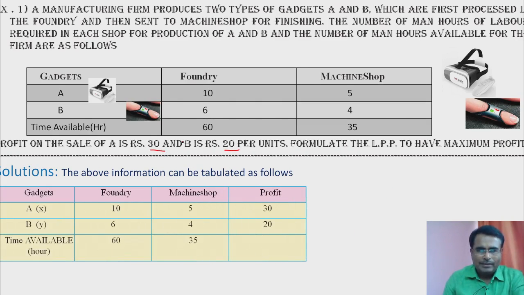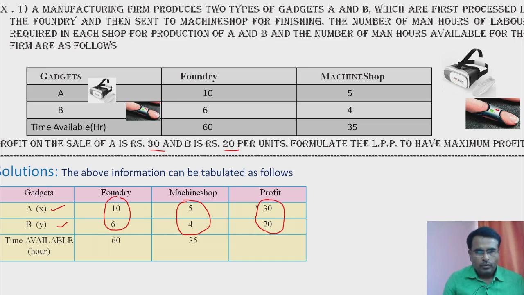So let us consider this table. The same information is here. We are preparing two types of gadgets, gadget A and gadget B, and the time available, that is 60 and 35, is also known. The time required for different gadgets on these different machines is also given here, and the profit for gadget A is rupees 30 while profit for gadget B is 20.